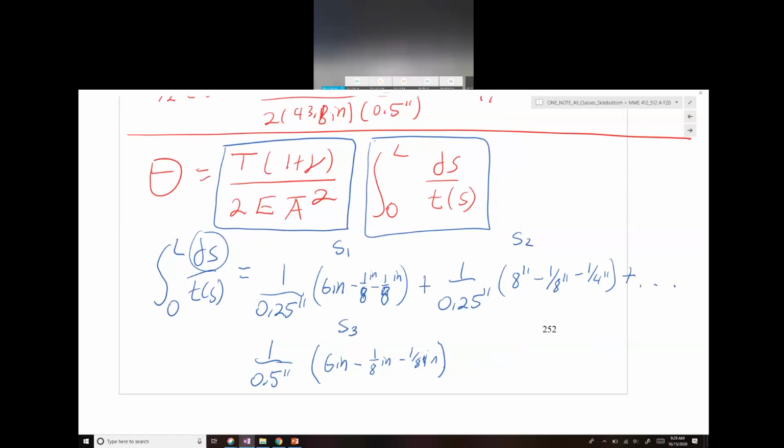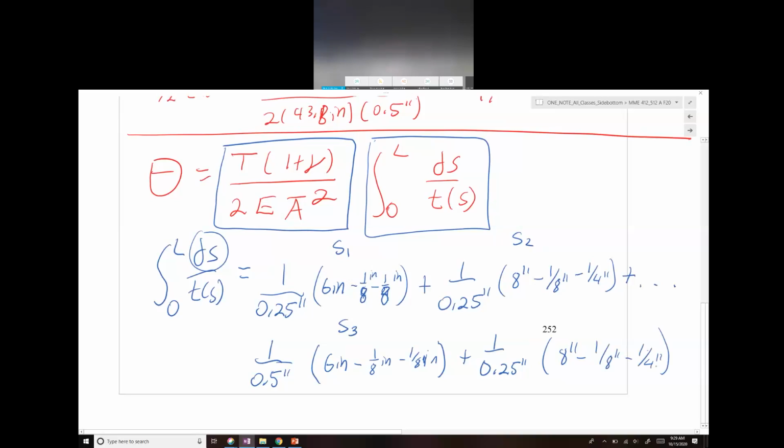And then the last one would be for side 4. So side 4 is a quarter of an inch, and its length would be equal to 8 inches minus 1/8 of an inch minus a quarter of an inch.